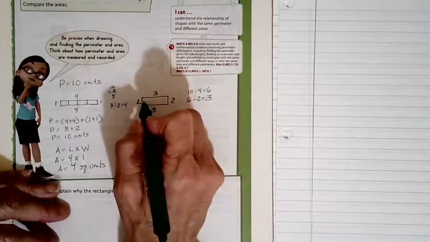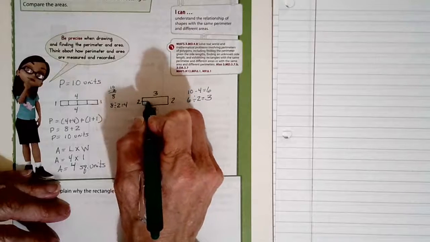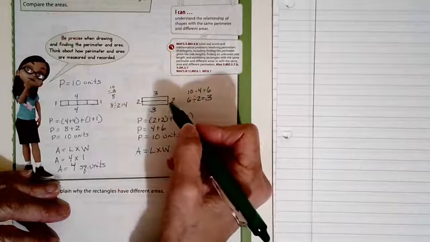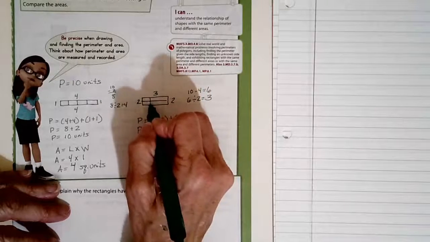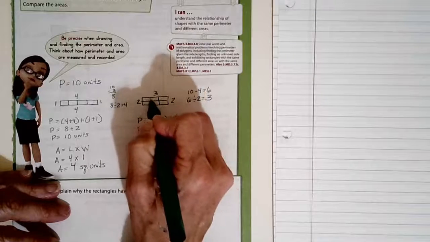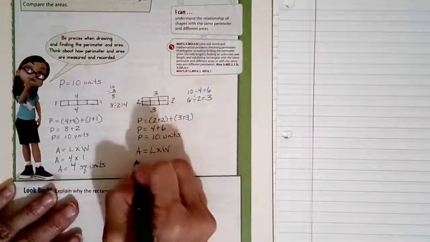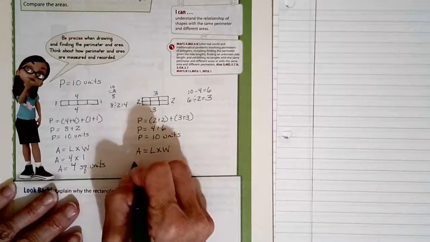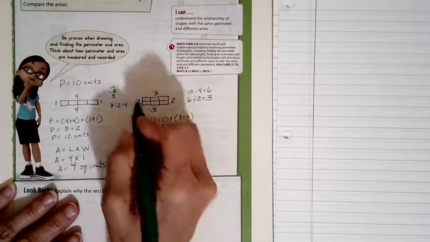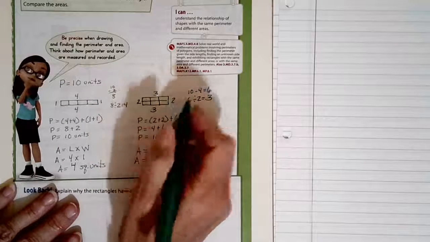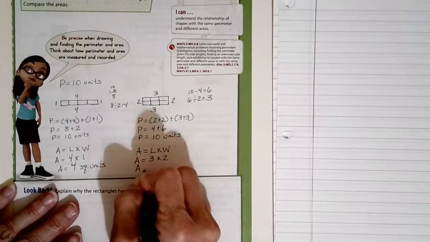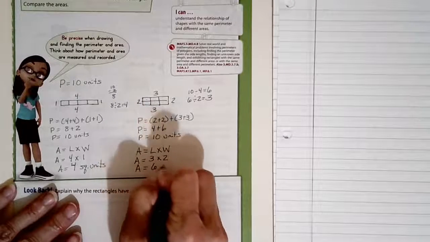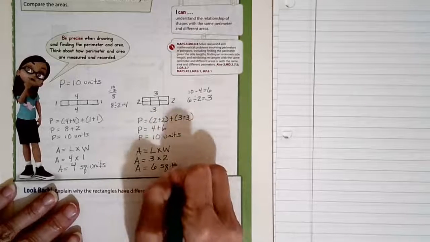Now I could come up here and draw my dividing line so that I have 2 rows, and then I know that this part's got to be divided into 1, 2, 3. Or I could just look and say area equals my length times my width, 3 times 2. So my area for this shape equals 6 square units.